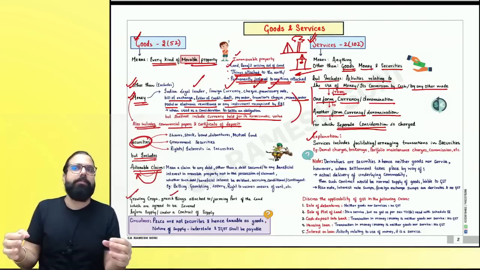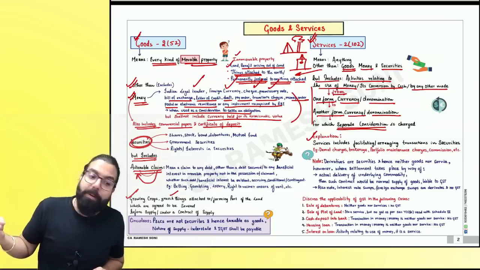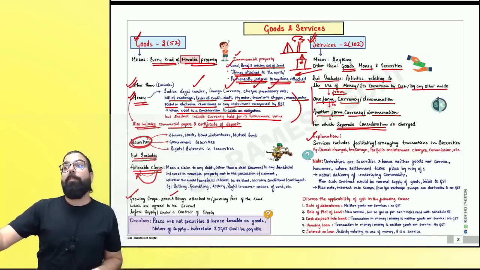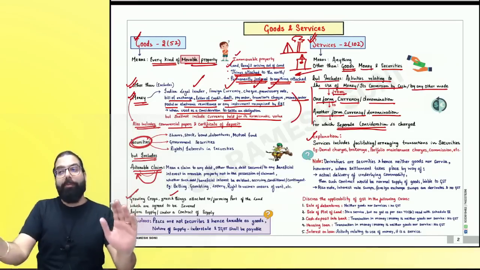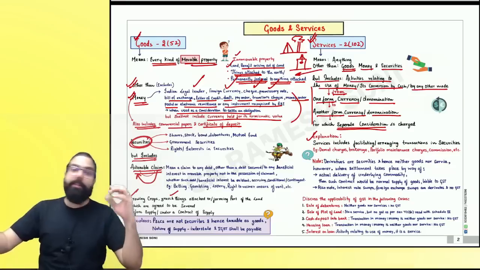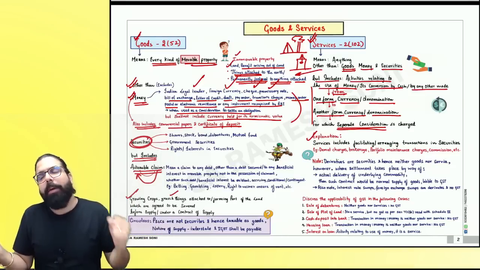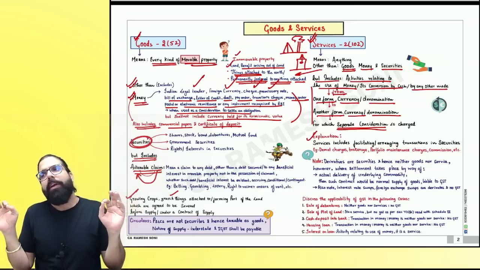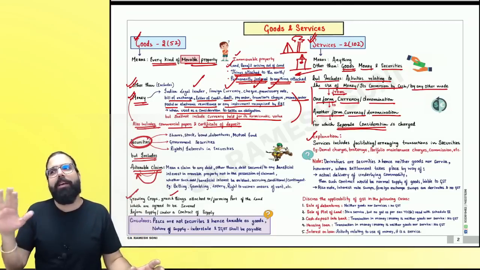Services means anything other than goods, money, and securities, but includes activities relating to use of money, its conversion by cash or by any other mode from one form to another, one currency to another, one denomination to another, for which separate consideration is charged. Explanation: anyone facilitating or arranging a transaction in securities is also giving a service.